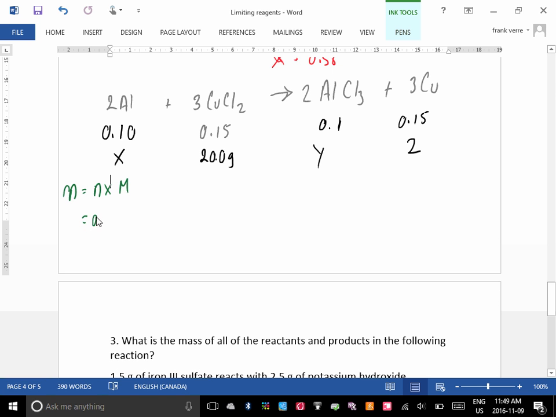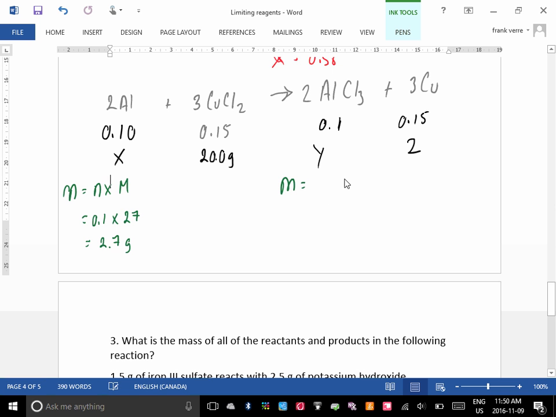It's 0.1 moles. Aluminum has a molar mass of 27, so that would be about 2.7 grams. So on the left side, we have 20.0 grams and 2.7, so 22.7 grams. What should the right side be then? 22.7 grams.